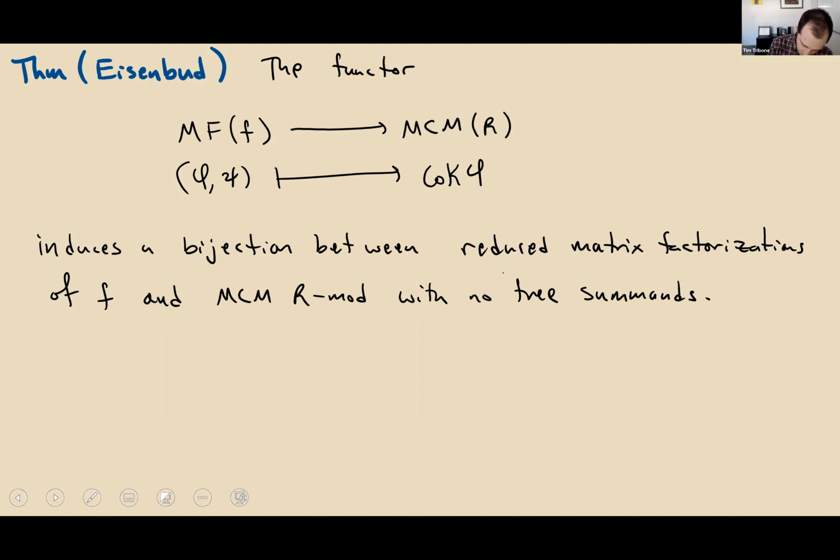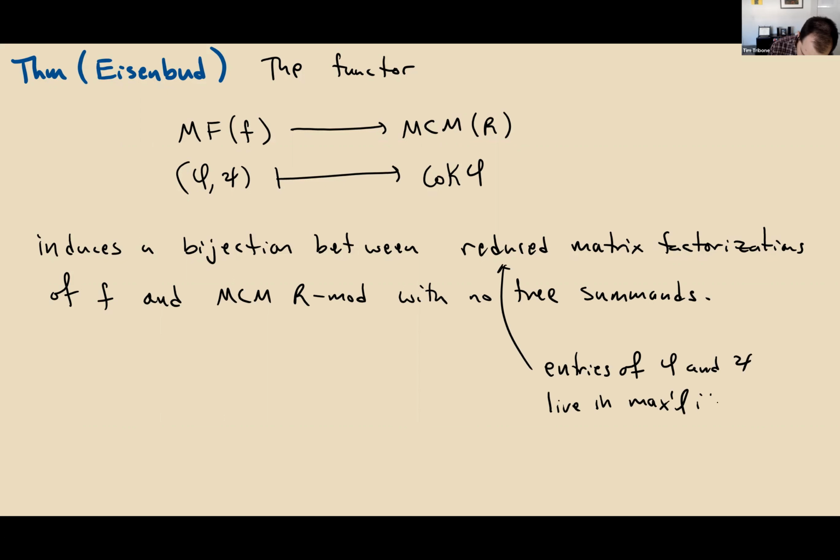This word reduced I'll sneak in down here: it just means that the entries of phi and psi live in the maximal ideal of S. What Eisenbud's theorem really says is that we should think of matrix factorizations and MCM R modules as one and the same thing. We should identify them. A matrix factorization gives you a really concrete way to think about an MCM module over this hypersurface ring R.